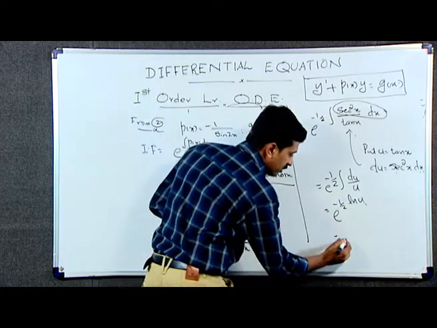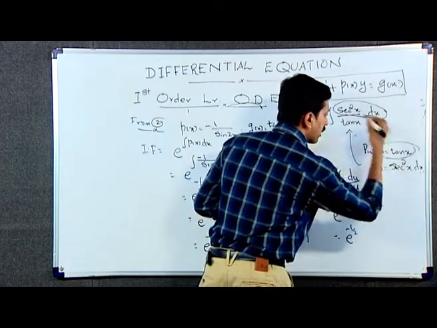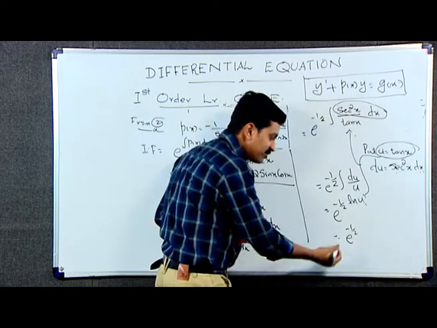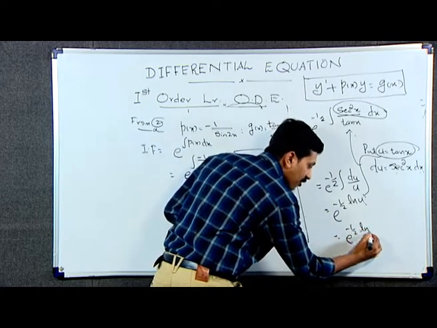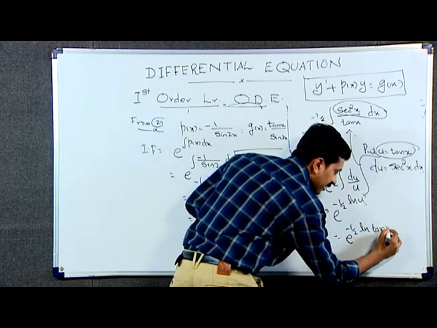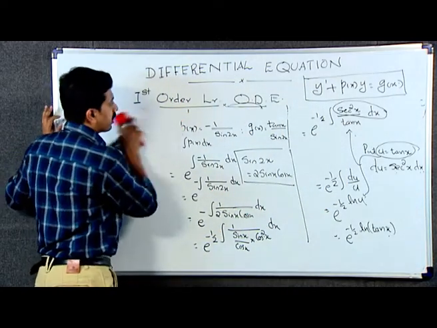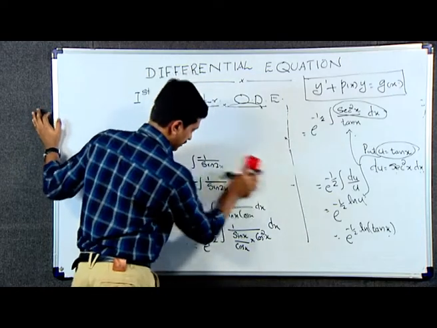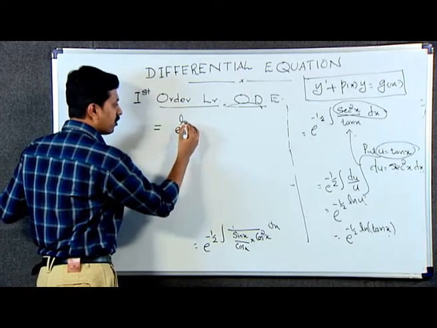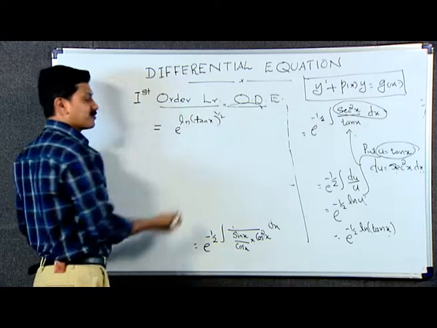Therefore, this is equal to e raised to minus 1 by 2. We can replace u by tan x. So, e raised to minus 1 by 2 log of tan x. Again we can write this as e raised to log tan x whole raised to minus 1 by 2.